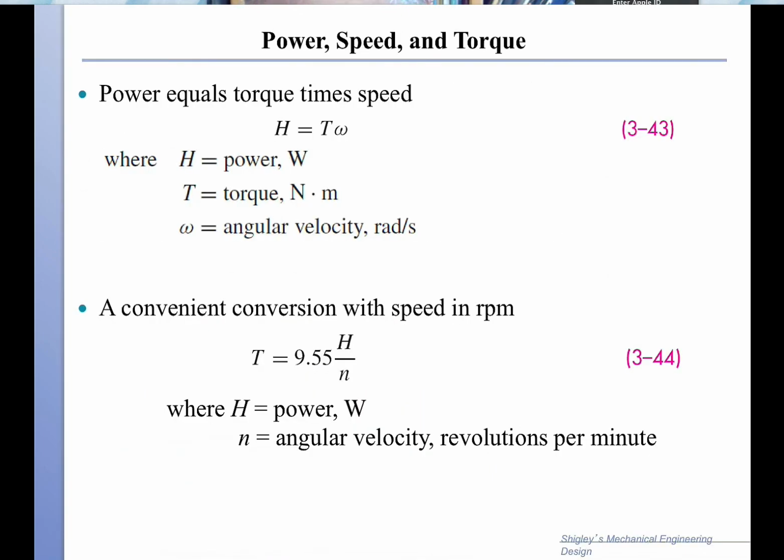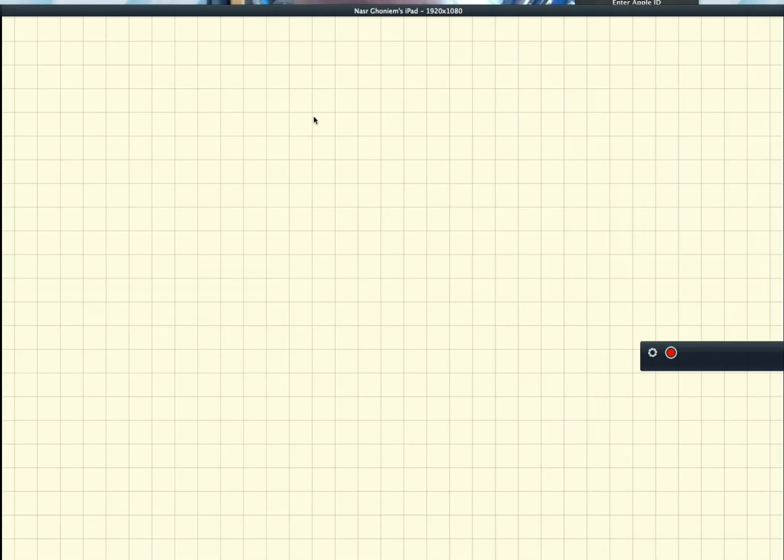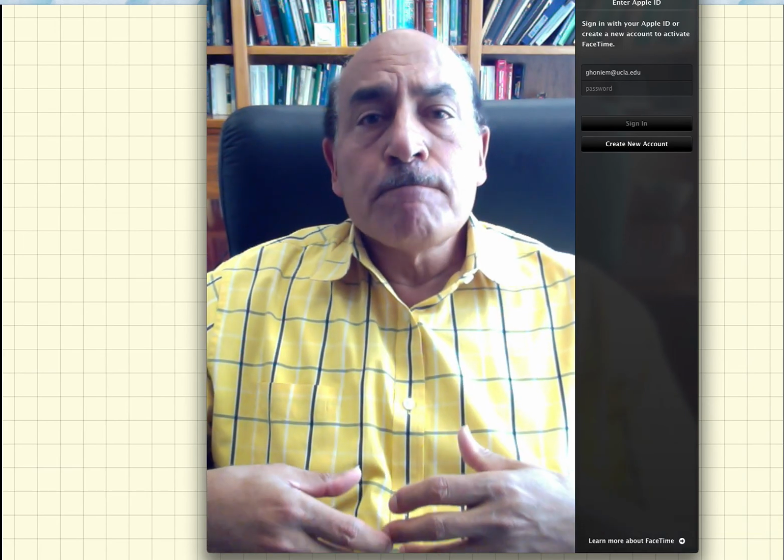So now, before we move on, I wanted to discuss the idea of power and how we're going to deal with a source of power that is going to allow us to apply a torque. If we have a motor and the motor is running, its ability to deliver power is measured in horsepower.